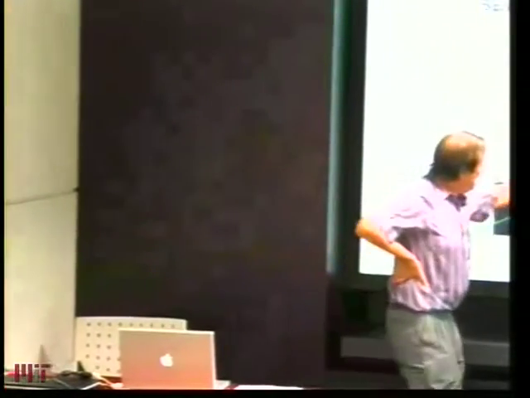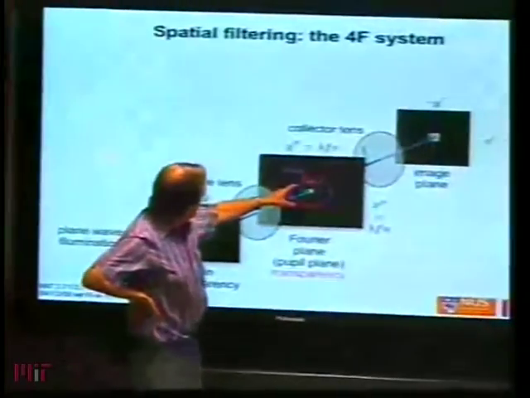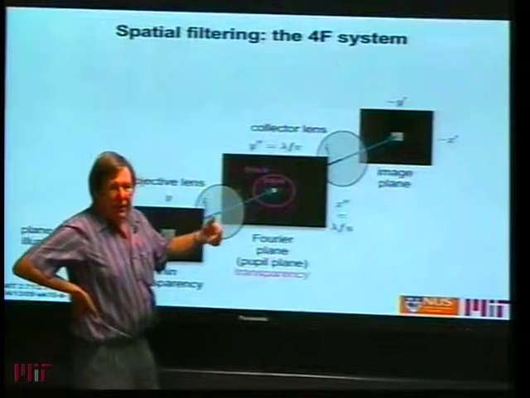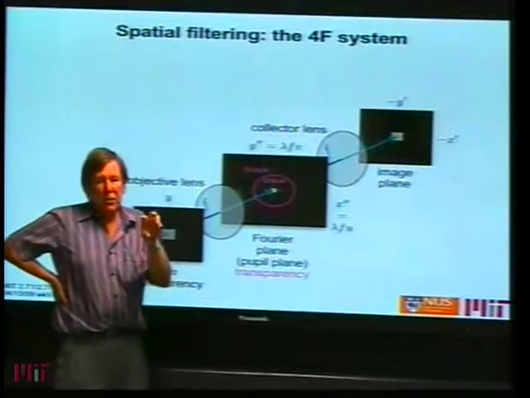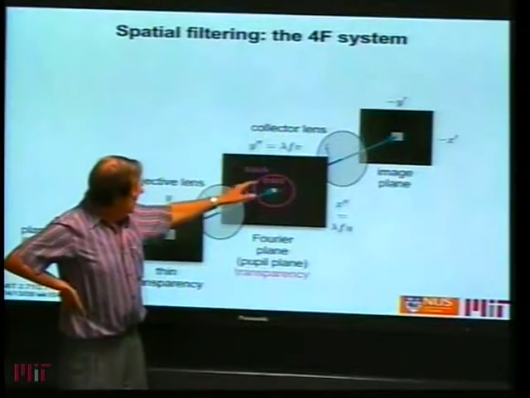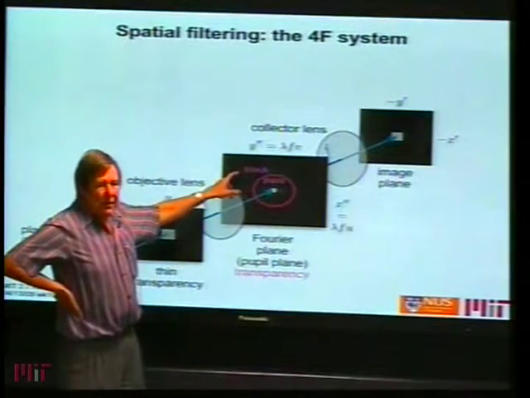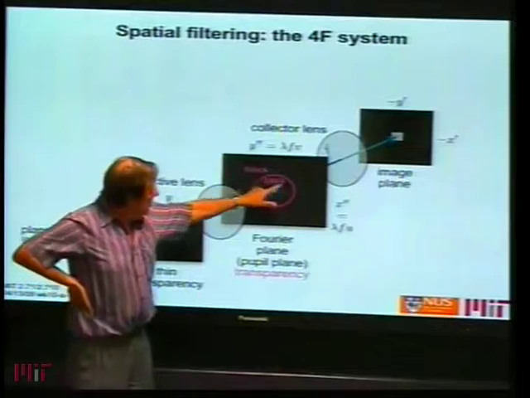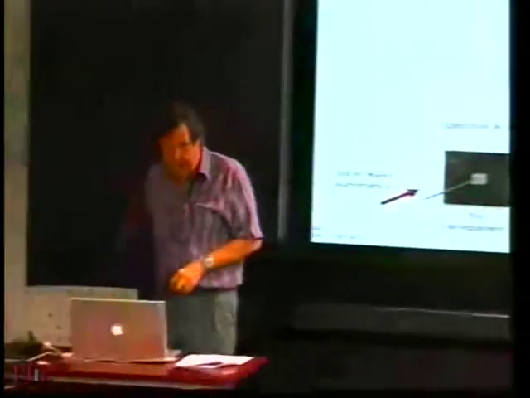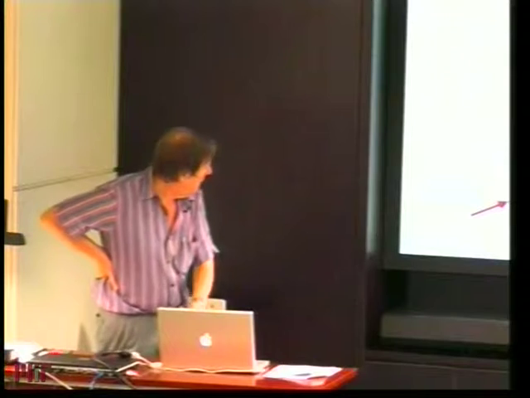So what you'd expect is, if we put something in here, so this is showing a pass band. Let's say you put in some opaque screen with a small hole in. The hole is this pass band, and the screen is the block band. So it only lets through the region in the center. According to how big that pass band is, you'll get different answers in the image plane.